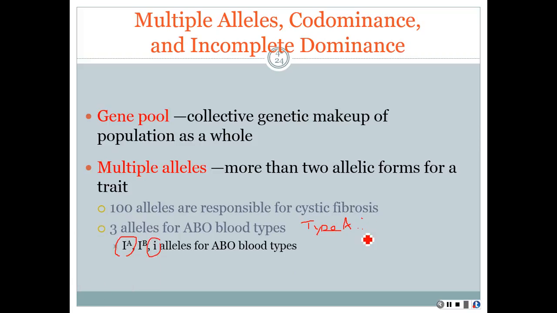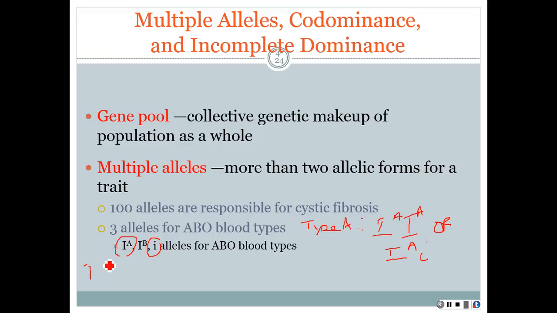Type A blood, you will have IA IA, that's one, or you have IA and lowercase i. This would be type A.